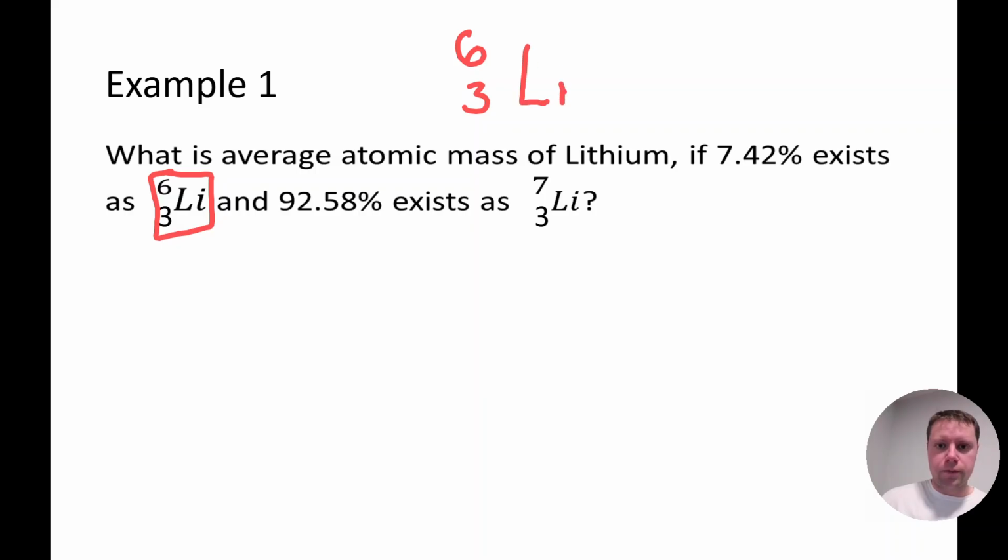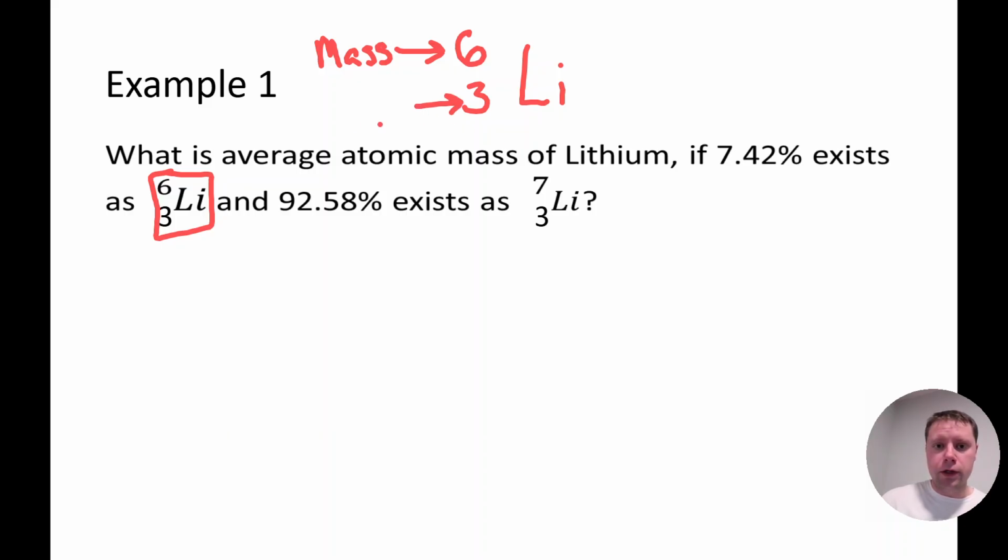So if we have that 6/3 in your lithium, hopefully you remember from your notes that this is called isotope notation. That top number represents the mass of the isotope.